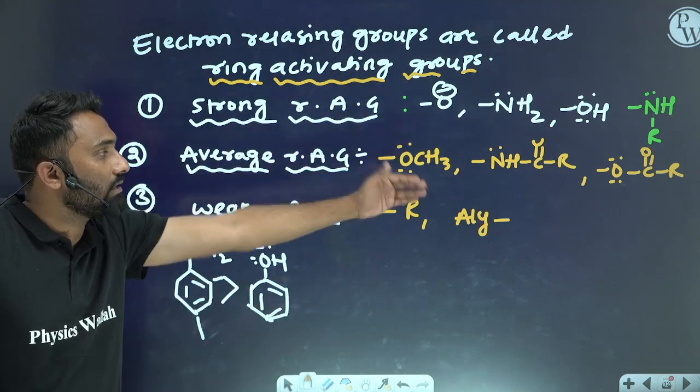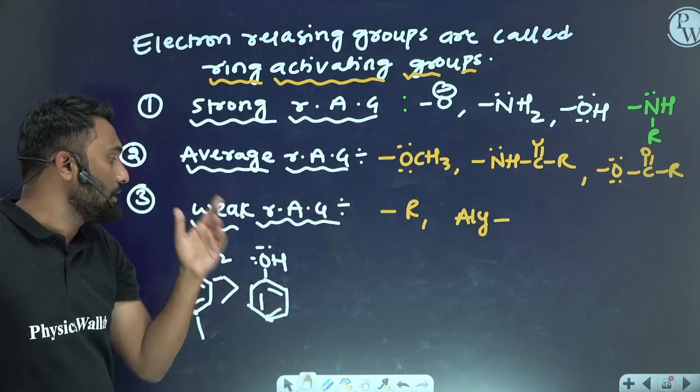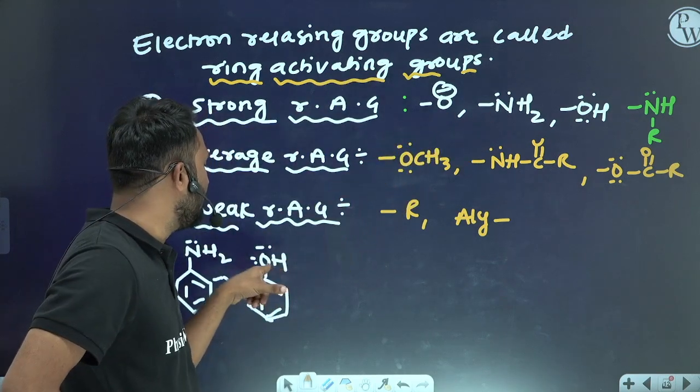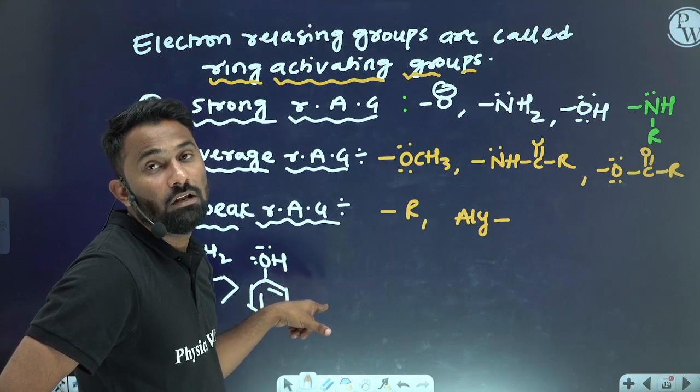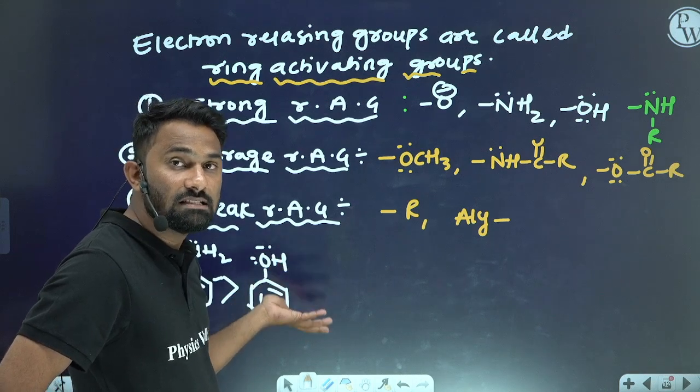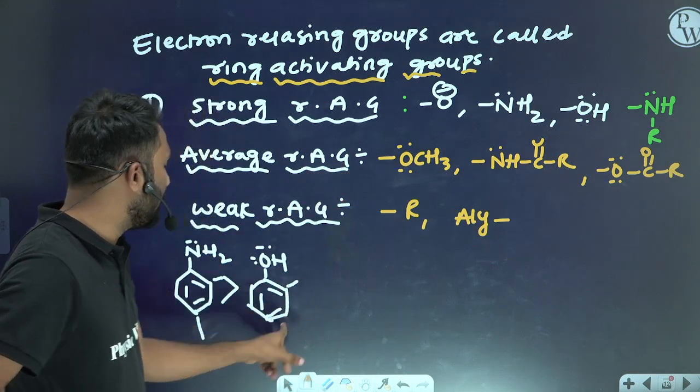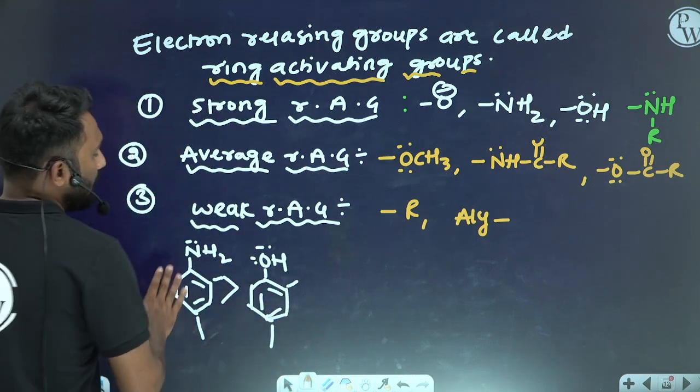Clear? Now these are the orders, OCH3 methoxy and OH will readily increase the electron density at the ortho and the para position.